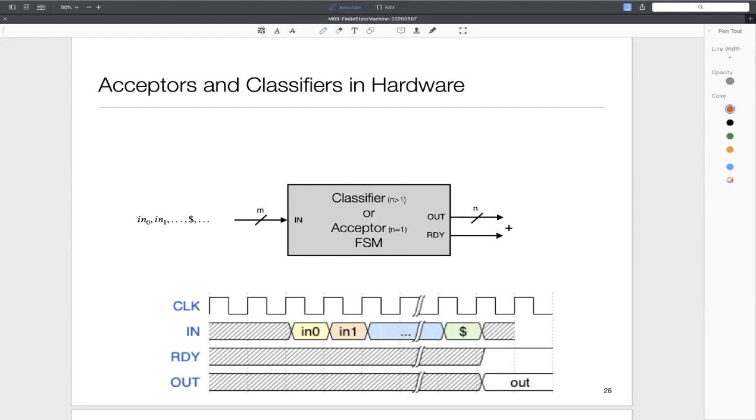And simultaneously, usually there would be some other signal which lets the external world know that it can now examine the output, because the input could be of arbitrary length. So how do we know that the machine is done? There would be some ready or done signal for the machine to say, okay, now I have decided, and this is the answer.